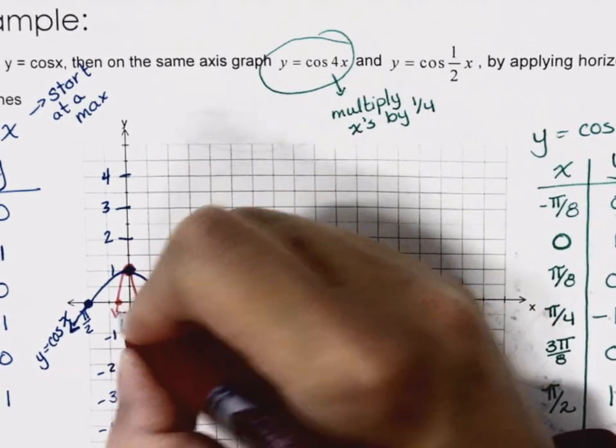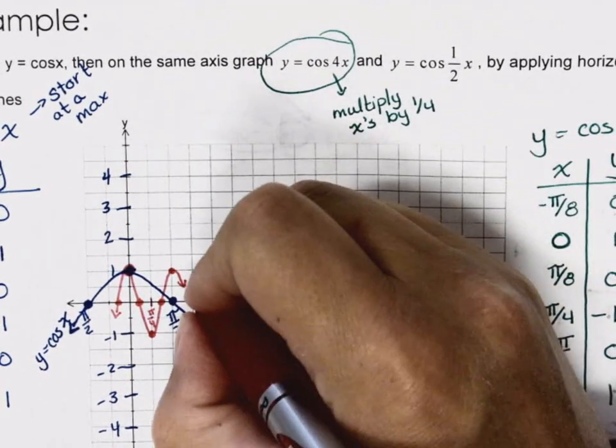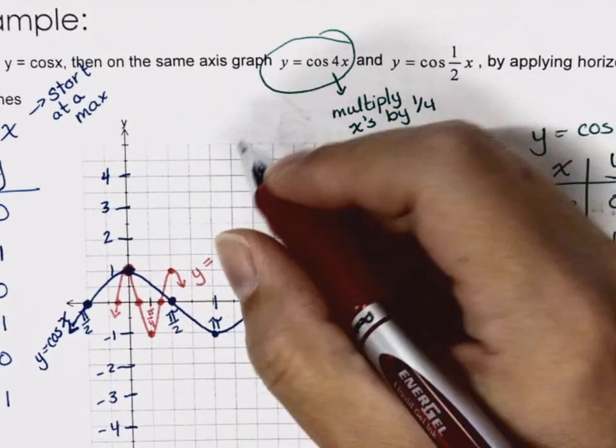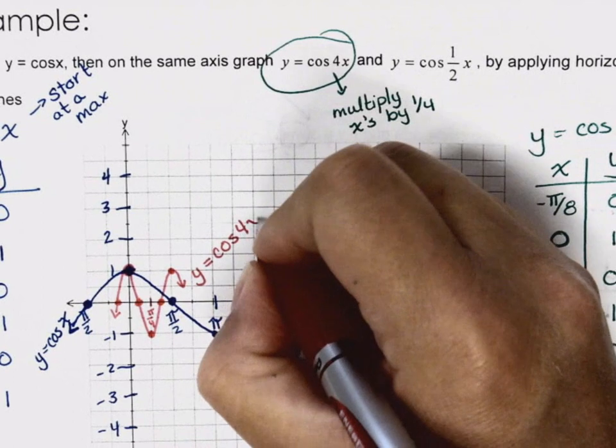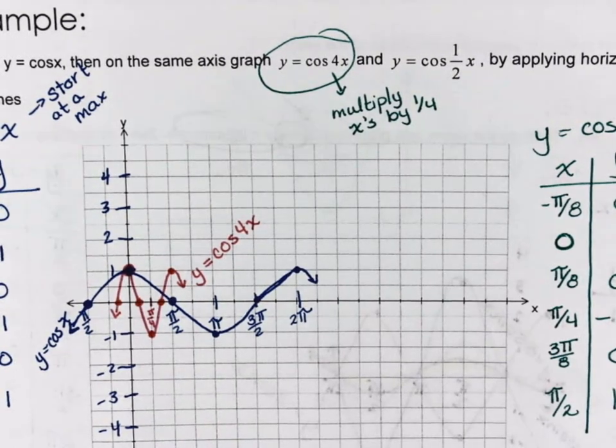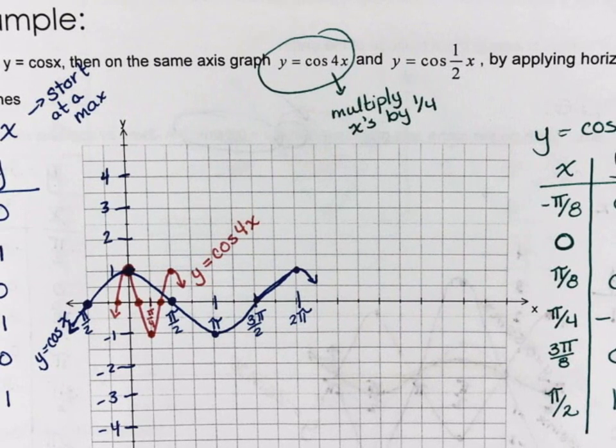Arrows are still all pointing down. I find getting common denominators when I'm graphing probably the easiest thing to do.